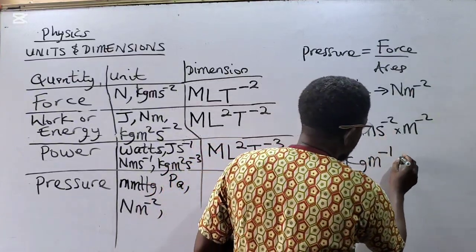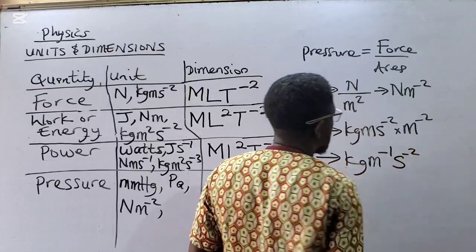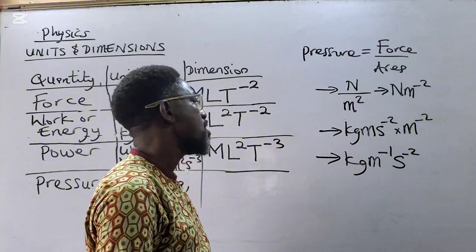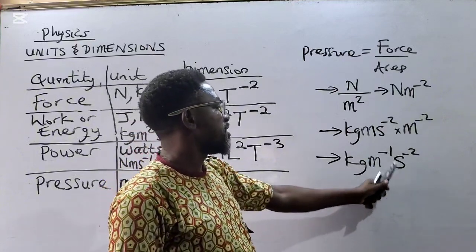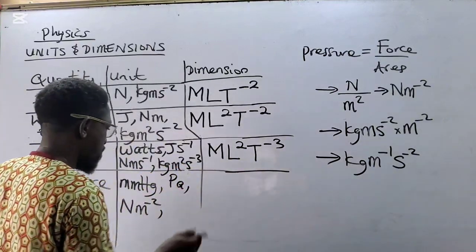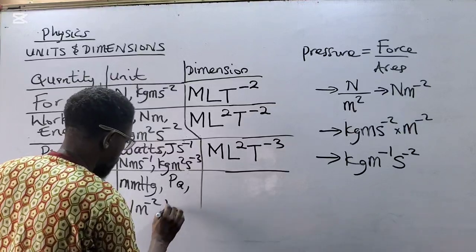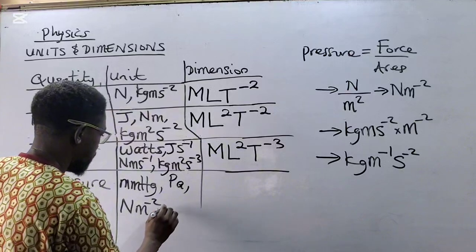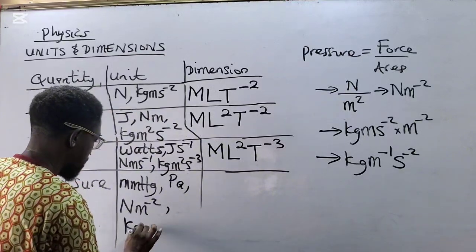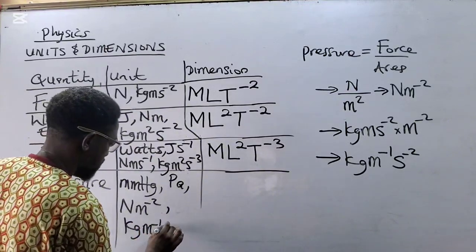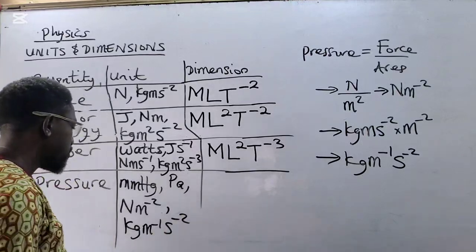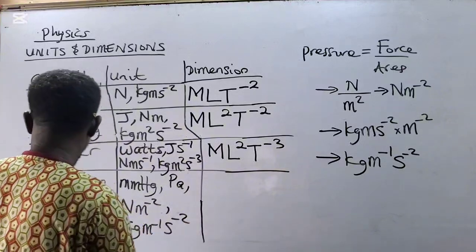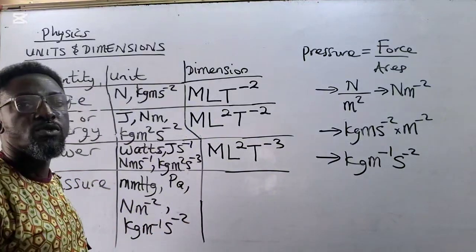Now we have the second to power minus 2. So we have kilogram per meter per second squared.